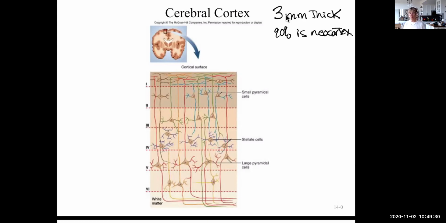The newest part of the cortex has been around for only about 60 million years. So not very long.